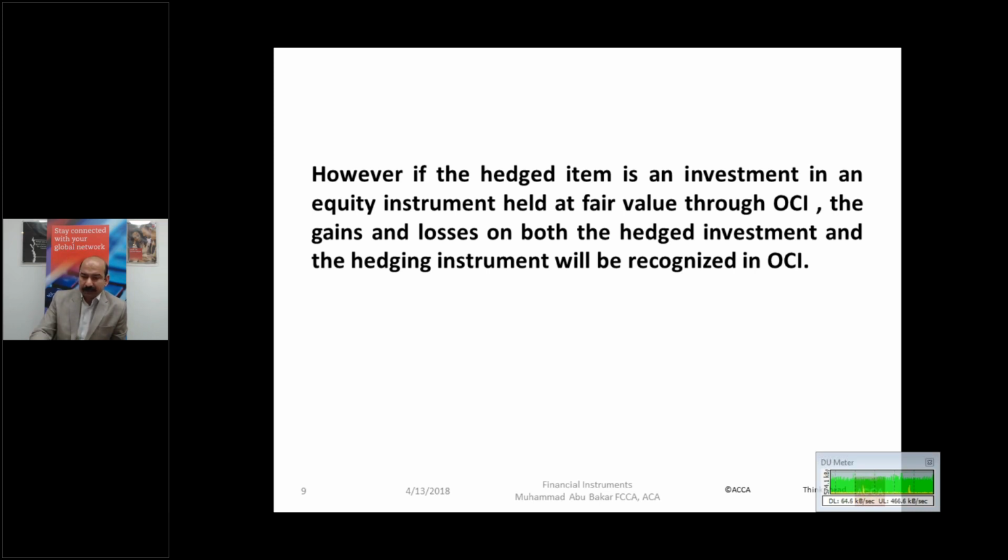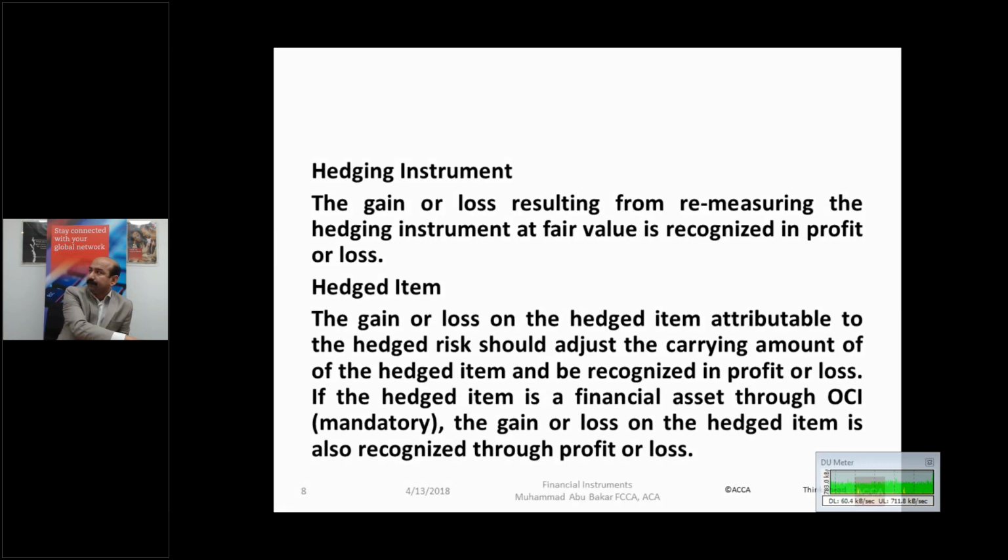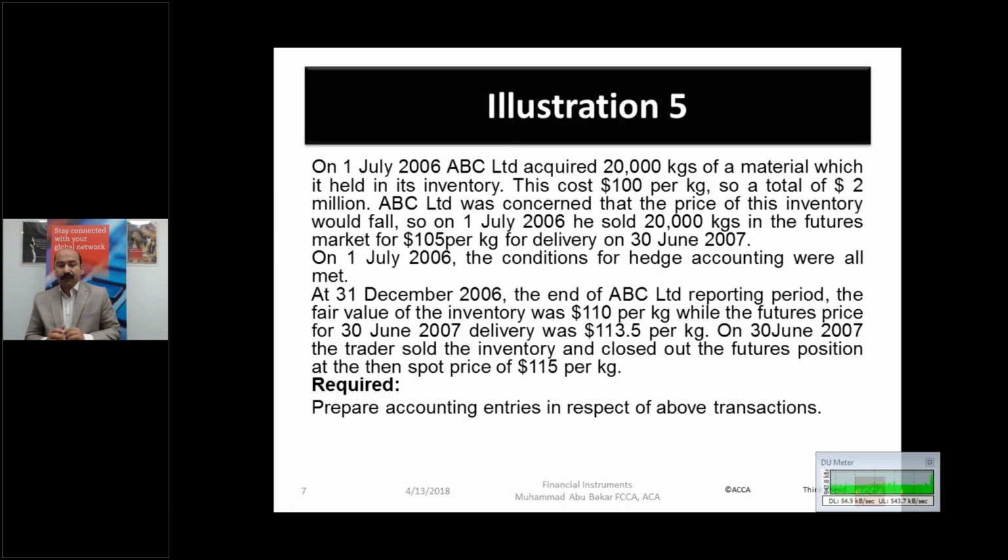So let's do it practically with the help of this illustration. On 1st July, please note that this illustration is there on the GoToWebinar as well as Google Doc link.